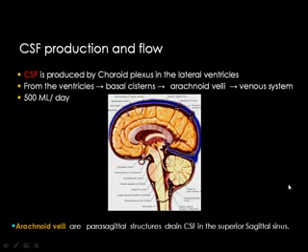Then we should have some idea about the CSF production and flow. The CSF, of course, is produced by the choroid plexus, which is present in all ventricles, in the lateral ventricles, in the third ventricle, and in the fourth ventricle. But the main brunt is directed to the choroid plexus in the lateral ventricle.